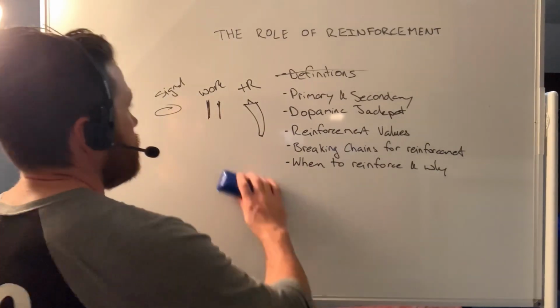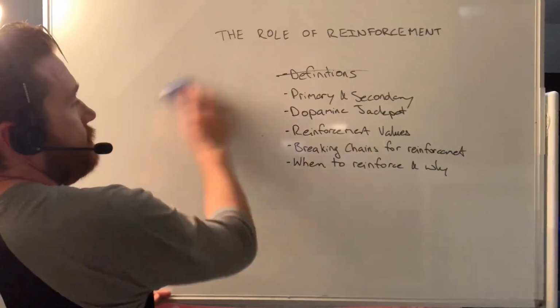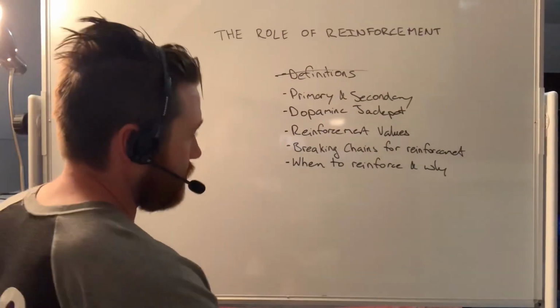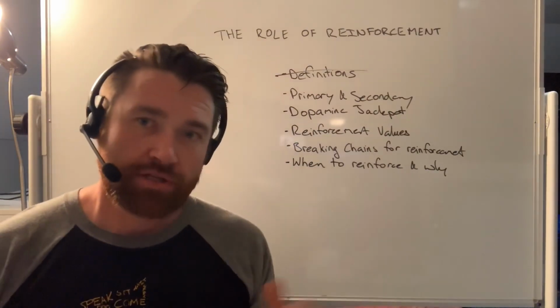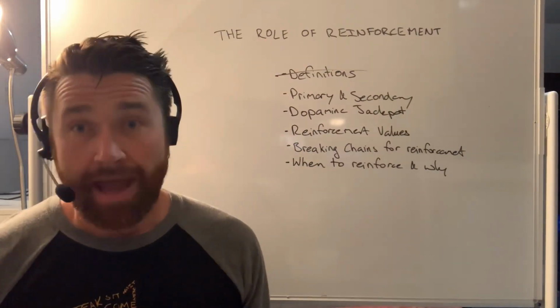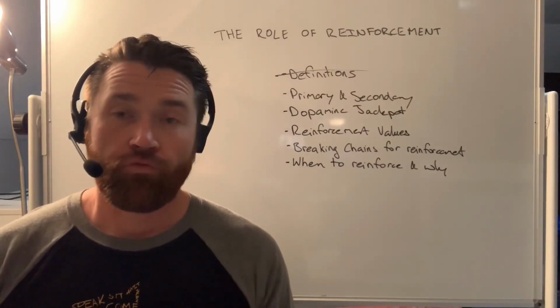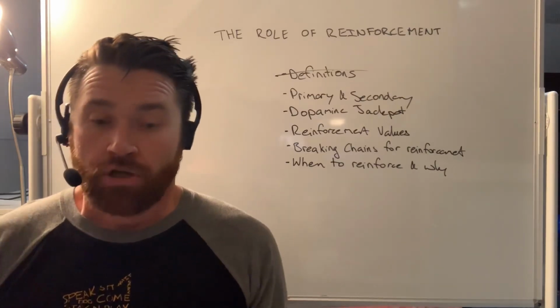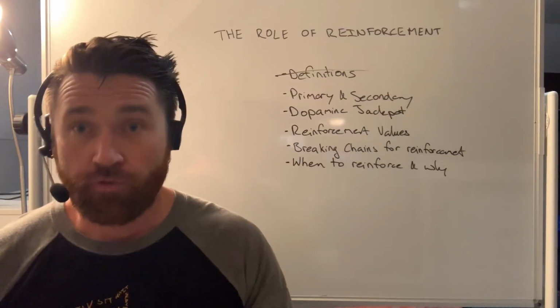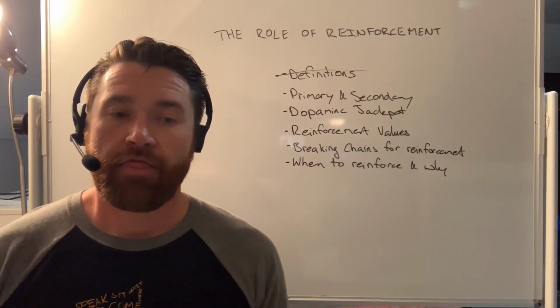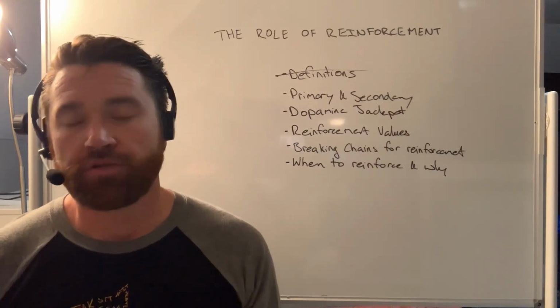Let me rub this bit off my board. Okay, so my next thing that I have on the list here is reinforcement values. As I was just sort of alluding to, you can and should have reward events. And there's ways you can do that in the delivery of reinforcers that will change the value of the reinforcer being given.